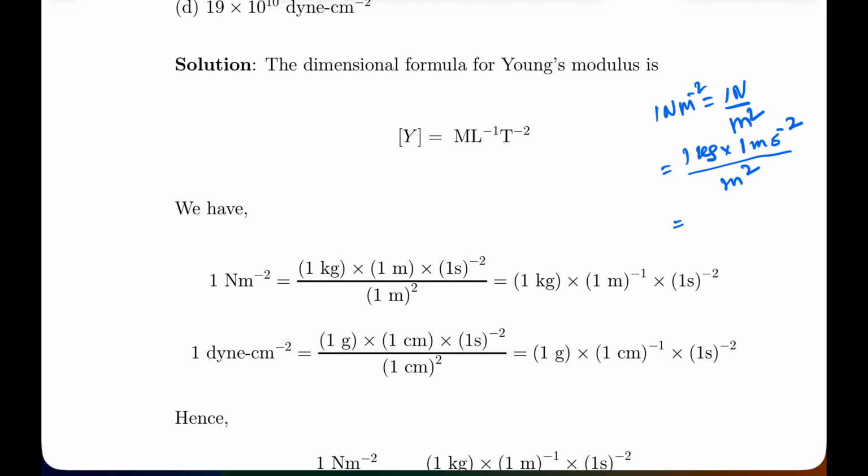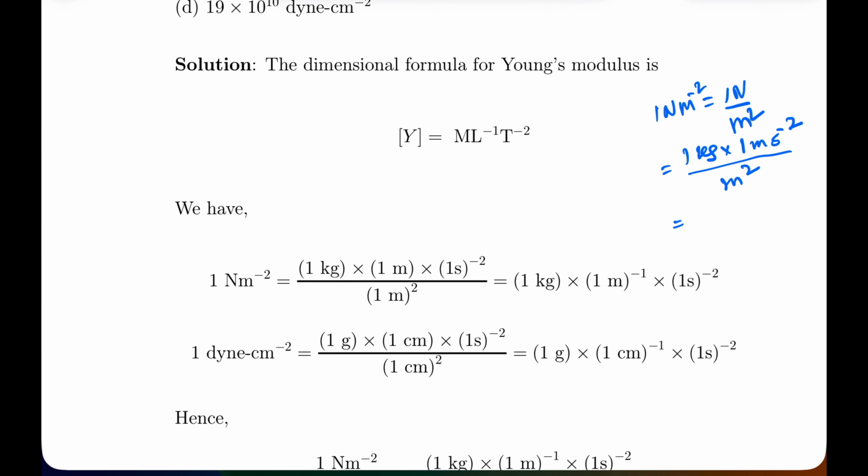So this will give you: 1 kilogram, 1 meter, 1 second to the power minus 2 upon 1 meter square. So this 1 meter cancels with this 1 meter here. So this becomes 1 kilogram into 1 meter to the power minus 1 into 1 second to the power minus 2. And 1 dyne per centimeter square.